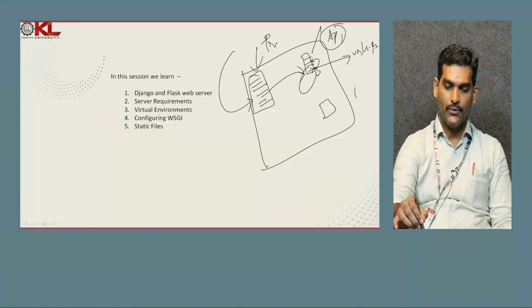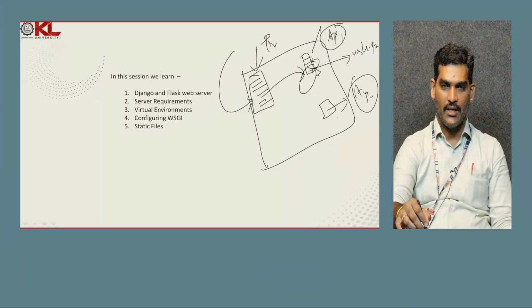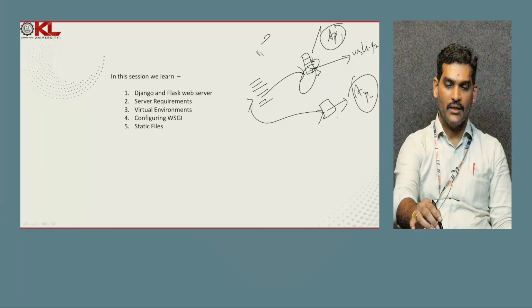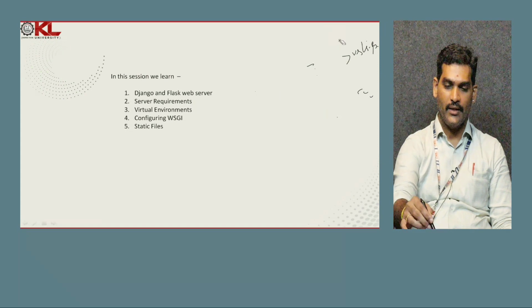Whenever app 2 is created, for that also we need to create urls.py, and whenever a request comes related to this app, the same thing we discussed previously will be done. So under one project, one urls.py will be there by default, and under each and every app, we need to create URLs.